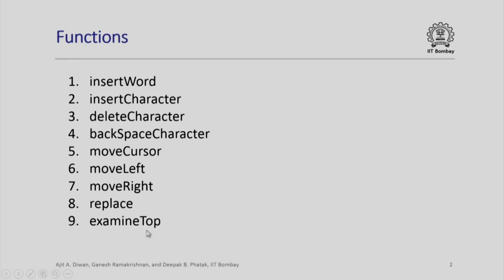We would like to examine the top of each stack and also print the current size of the stack. Instead of cluttering our main program with these activities, we have preferred to write a function called examine top. In short, if we implement these 9 functions, we can write a main program which will actually implement our text editor. Let us look at these functions one by one.